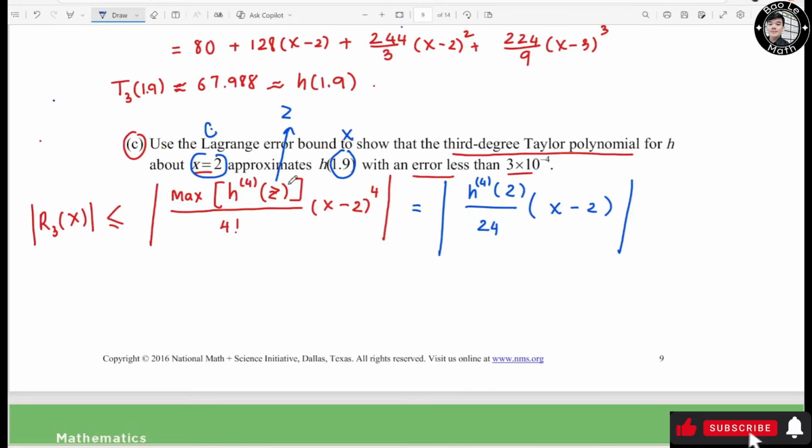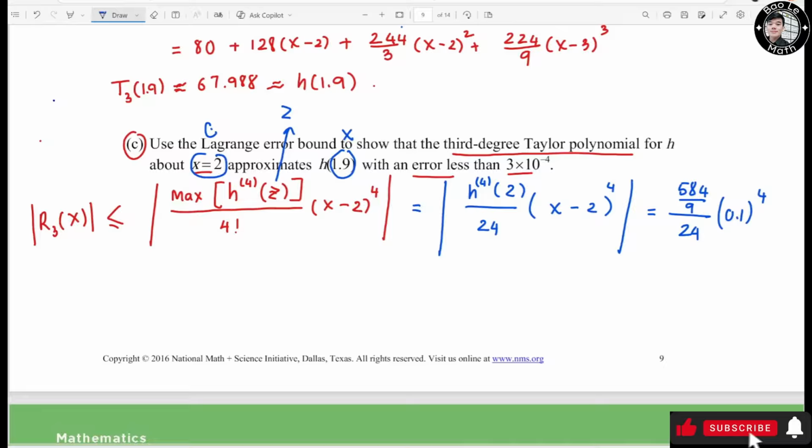So it's going to be 584 over 9 divided by 24, times s, which equals 1.9, subtract 2, that is negative 0.1. When you raise it to the 4th power, it's going to be positive, so I don't need to put this inside the absolute value sign anymore.